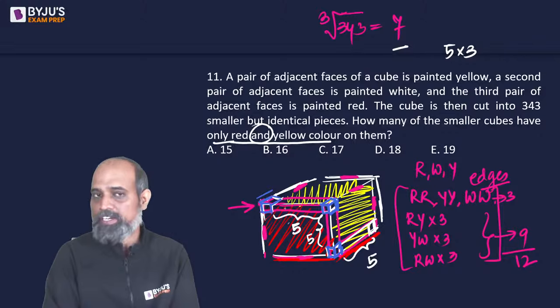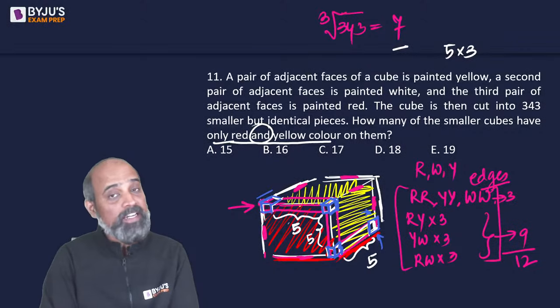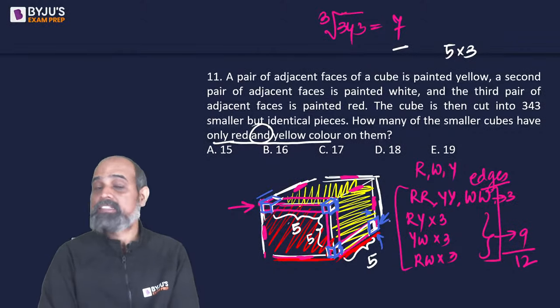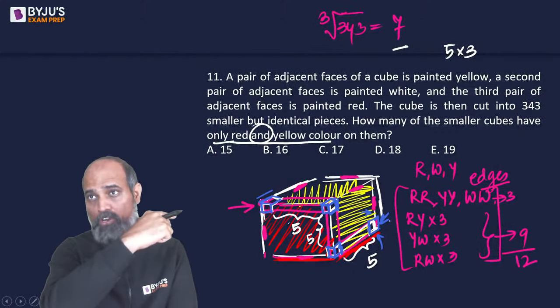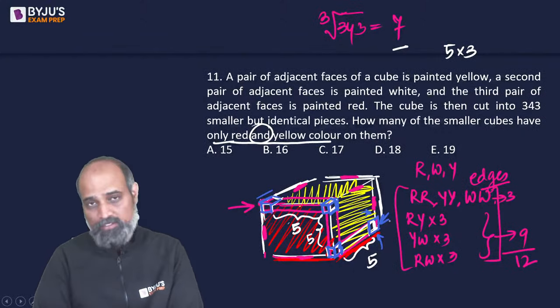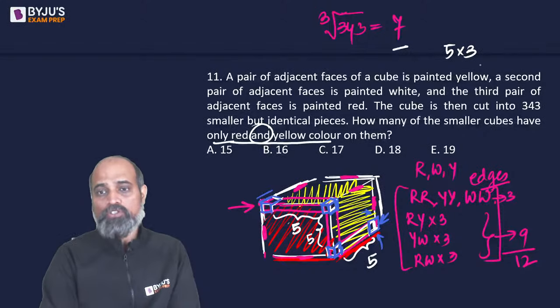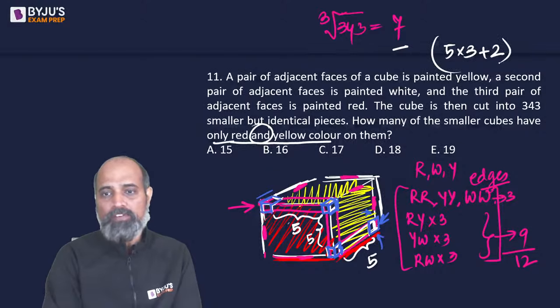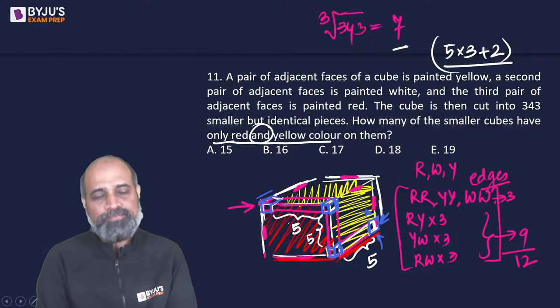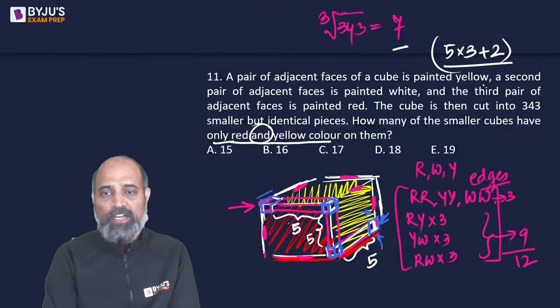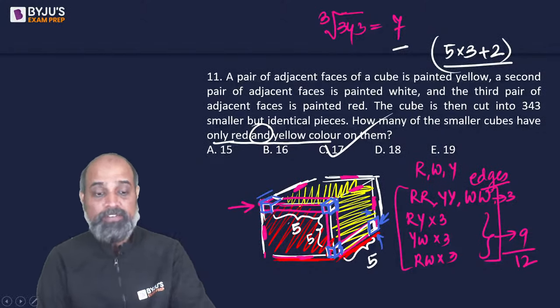Because this side is white. Similarly, this one will also contain white because the bottom is red, on the right hand side you have yellow and the rear side has white. So I can't take these 2 corners, which are the corners of the longest diagonal of the cube. So we are supposed to add those 2. Can we say this many cubes will be there? 5 into 3 plus 2, which will give you 17.